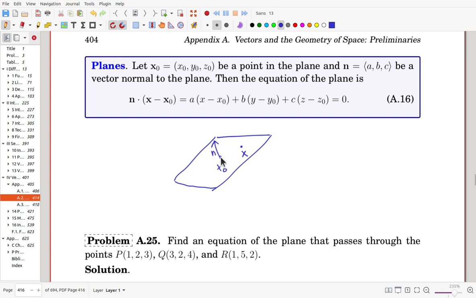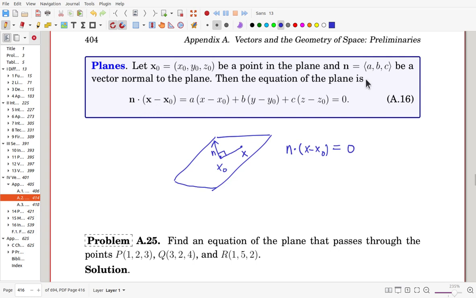Then, if we draw a vector from x0 to x, then because n is a normal vector, that must be orthogonal. So by using the dot product, we have n dot (x minus x0) must be 0. That is exactly this one.